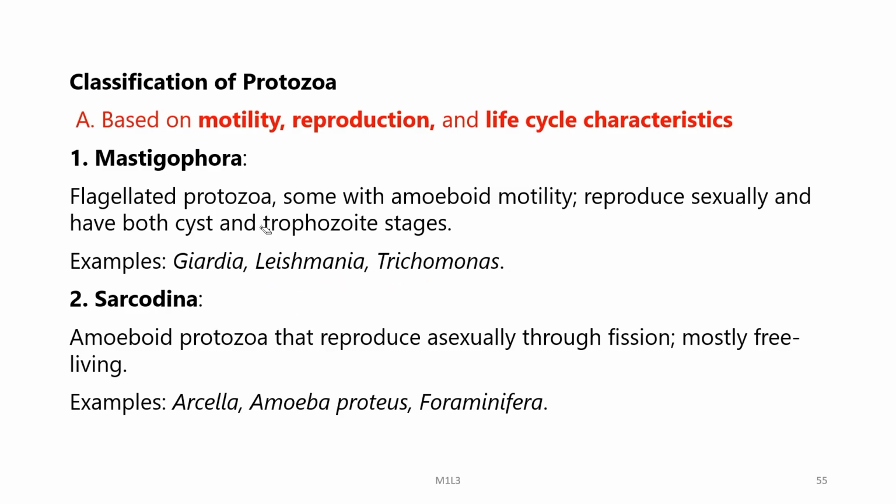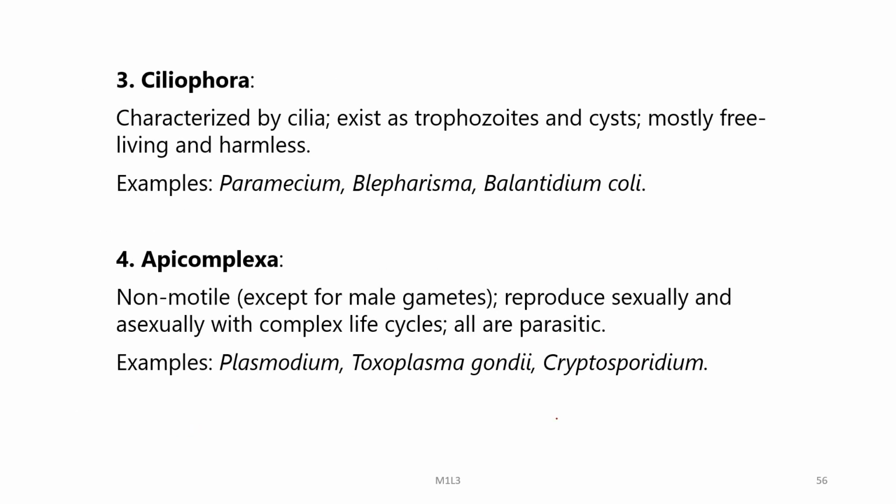Then we have Sarcodina. These are amoeboid protozoa that reproduce asexually through fission, mostly free living, and their examples include Arcella, Amoeba proteus and Foraminifera. Then we have Ciliophora, which is characterized by cilia, exists as trophozoites and cysts, mostly free living and harmless.